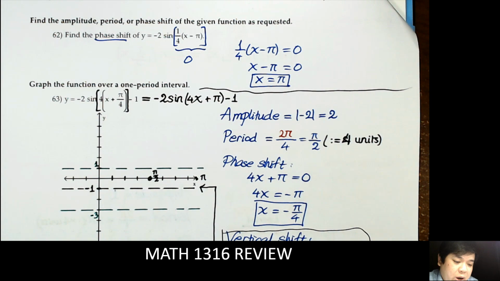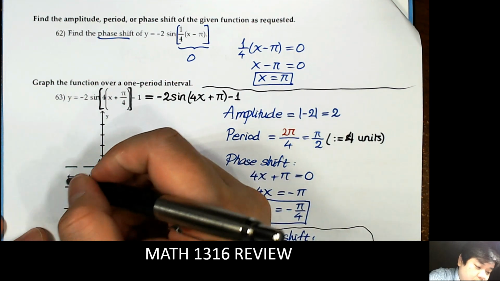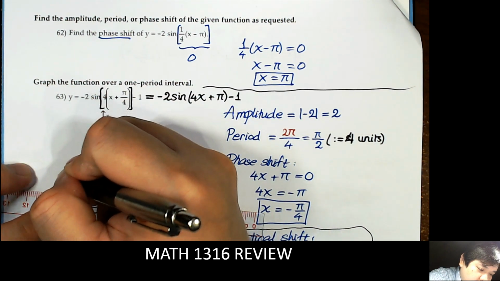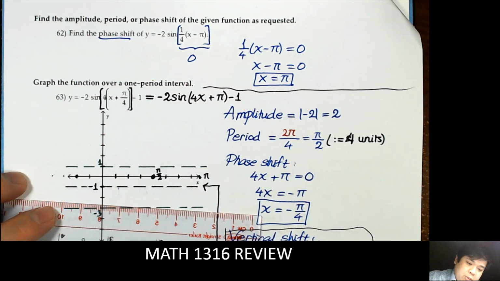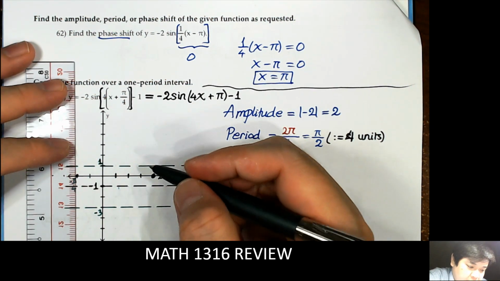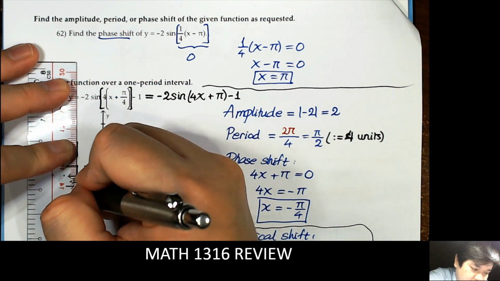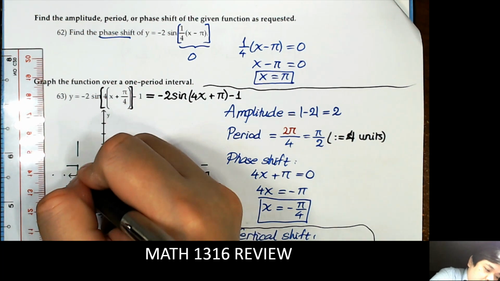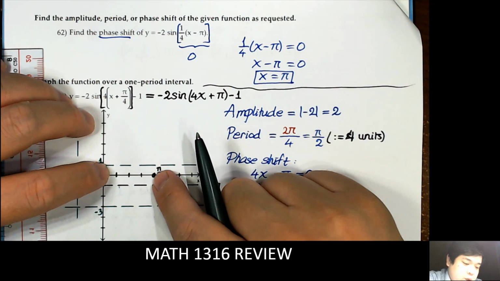Right. Where do we start? Phase shift, -pi over 4. So if pi over 2 is 4 ticks, pi over 4 will be 2 ticks. So this is -pi over 4. And we're going to start there. Pi over 2 is that much.